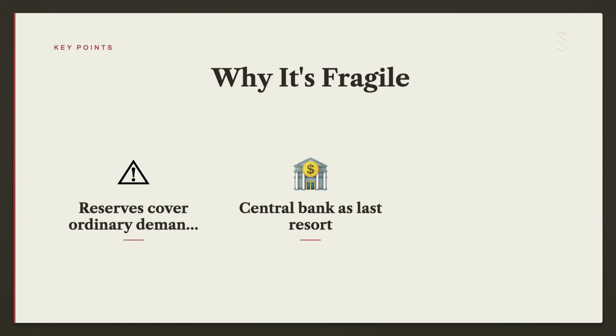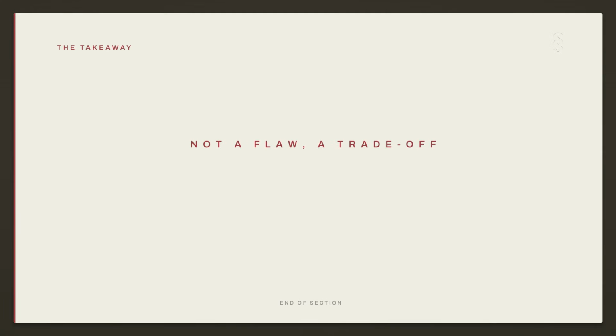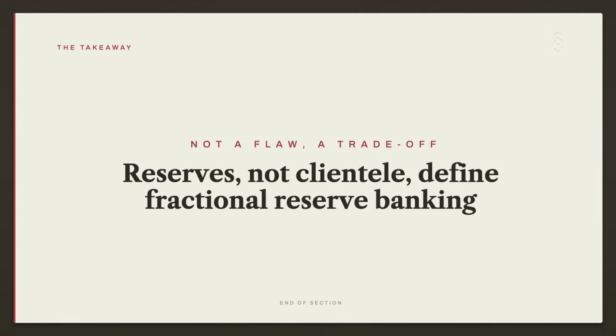That's exactly why central banks act as lender of last resort and deposit insurance exist, both engineered to stabilize this fragility. Fractional reserve banking isn't fraud or insolvency. Its real risk is a confidence-driven bank run. Remember, it's about how much of the deposit base stays on hand, not about who the customer is.